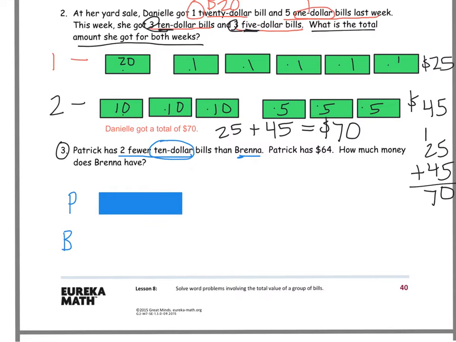And I know that if I draw Patrick, he has 64, but it's two $10 fewer than Brenna.